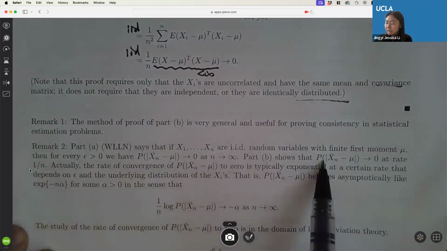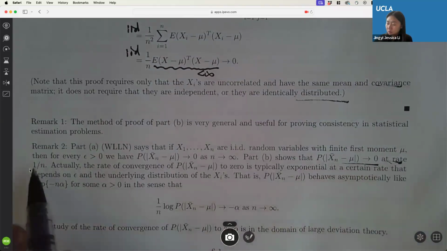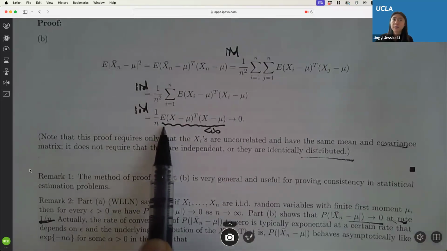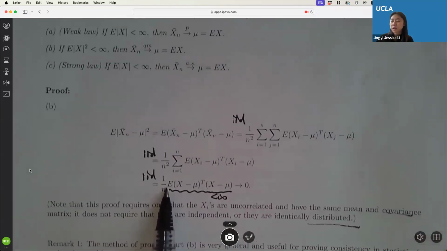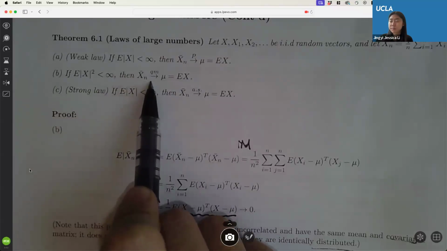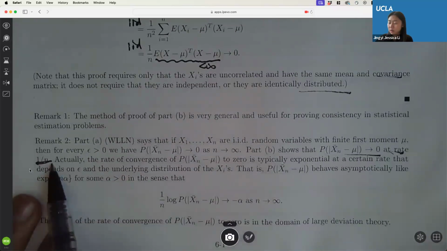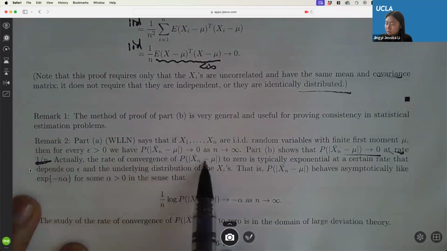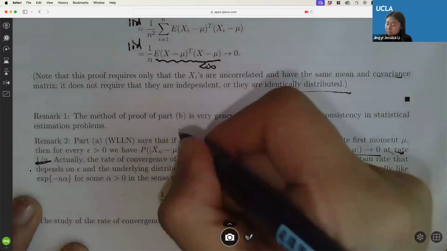And part B shows that this one goes down at rate 1 over n. Okay, it's here. This is the rate we get from part B, 1 over n, and we can also use the Markov inequality or Chebyshev inequality to show that convergence in quadratic mean implies convergence in probability, giving the upper bound. That's why we get the rate 1 over n. Actually, the rate of convergence for this to 0, there's a typo.